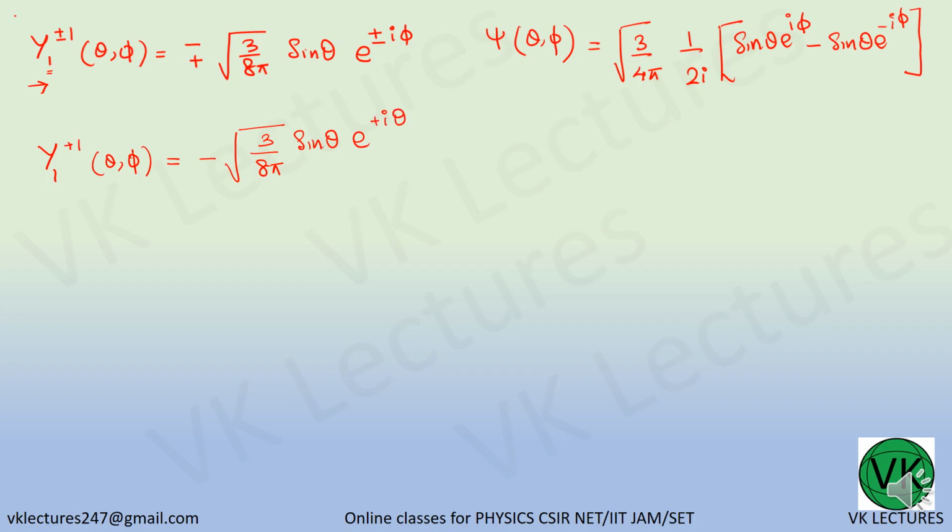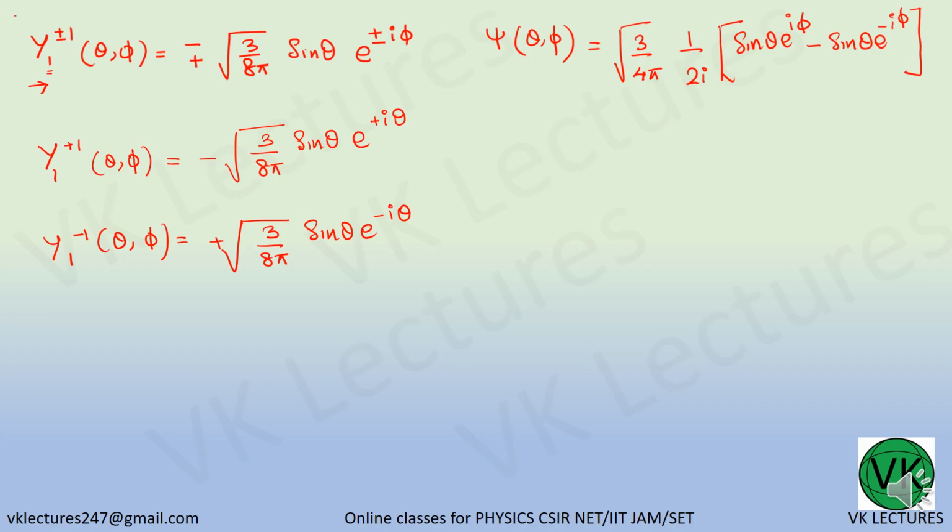So this corresponds to plus 1. Similarly, Y(1,-1)(theta, phi) equal to, since it is minus, here plus, root of 3 by 8 pi sine theta into e to the power minus i phi.